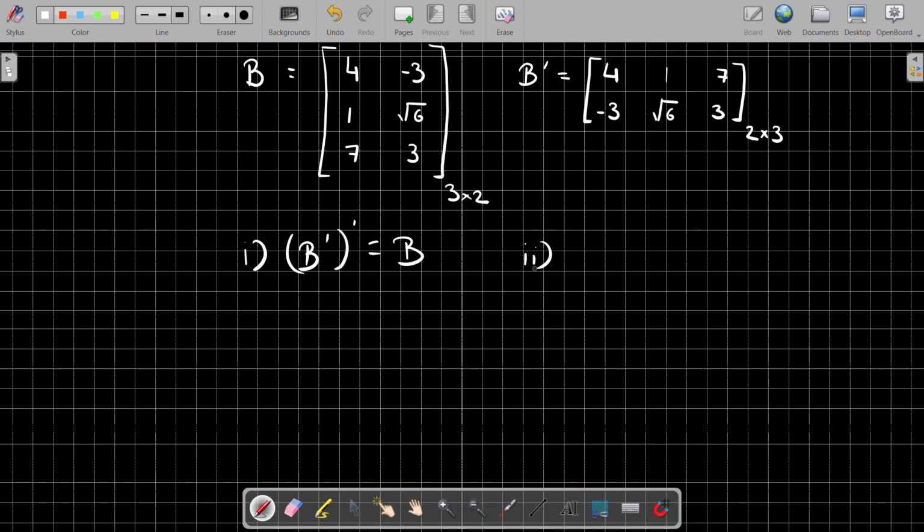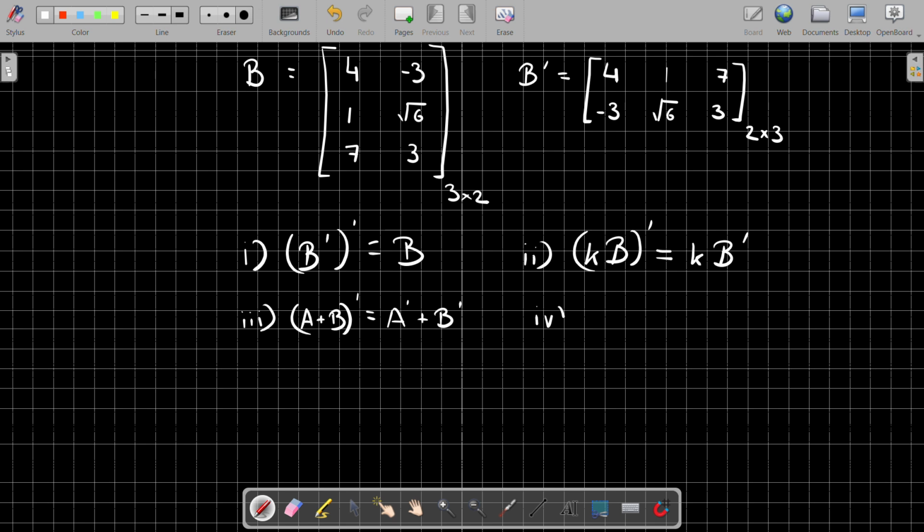Property number 2: if you multiply a matrix by a scalar and then take the transpose, it is the same as multiplying the scalar directly with the transpose of the matrix. Property number 3: the transpose of the sum of two matrices is the same as both matrices being individually transposed and added up.